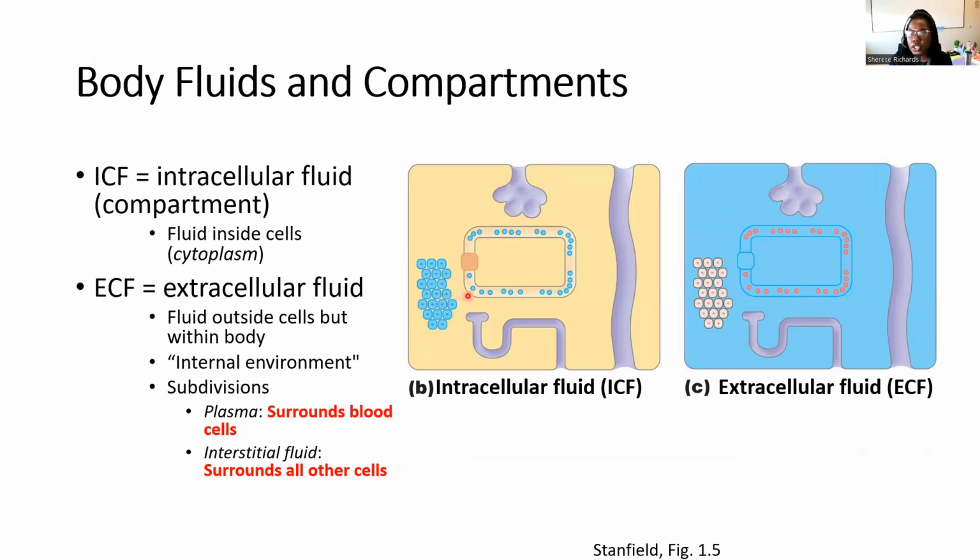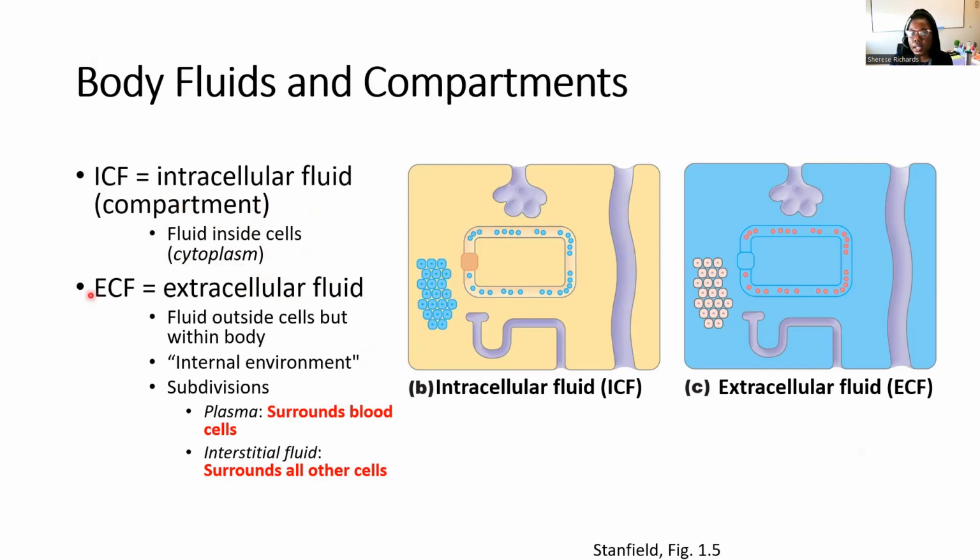If we shift our attention to the blood cells, the erythrocytes that are inside our blood vessels, they are also cells, so they also have water inside them as well. So all of the water that is inside our cells, that makes up the cytoplasm, can be described as the intracellular fluid compartment. Okay, so intracellular fluid compartment, all the water that is inside the cells.